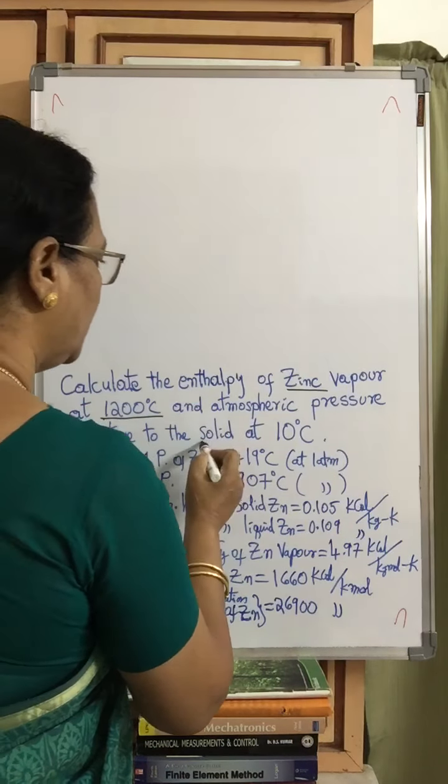Then Q4 is equal to the quantity of heat required to convert liquid zinc at 907 degrees centigrade to zinc vapor at 907 degrees centigrade.